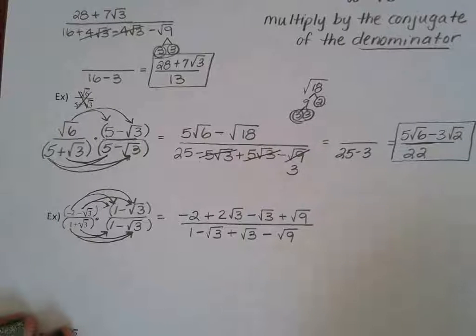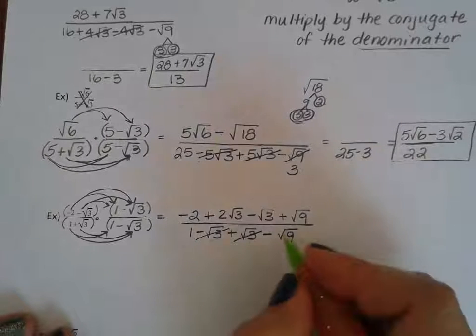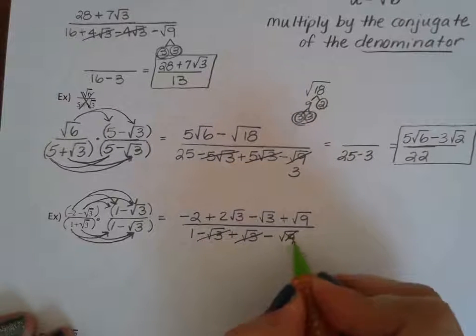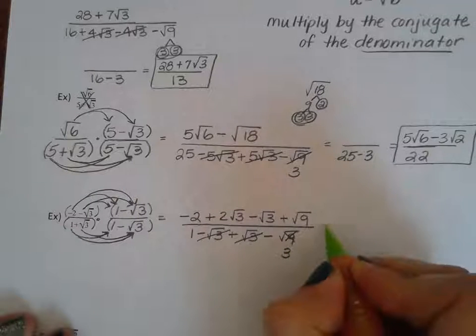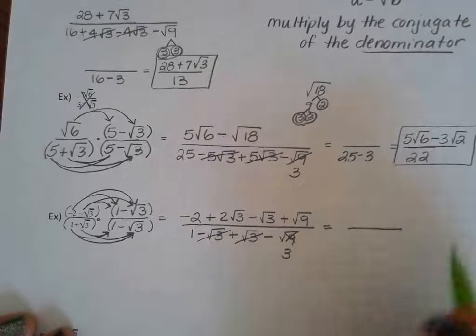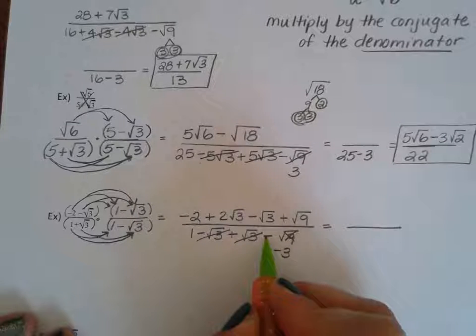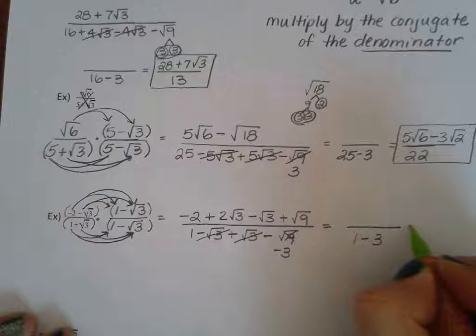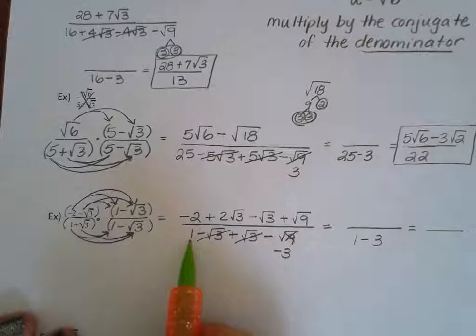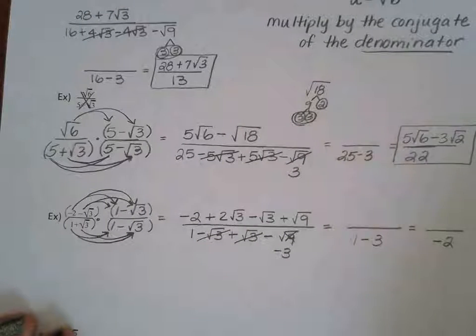Okay? So look, it happened again. Those go. The square root of 9, which conveniently we just keep having in these examples. It's not always the square root of 9 at the end. It just happened to work out for these. That comes out to be a whole number. It's a negative 3 because that's a minus right there. So 1 minus 3 is in your denominator because there's a 1 right here, which is negative 2.